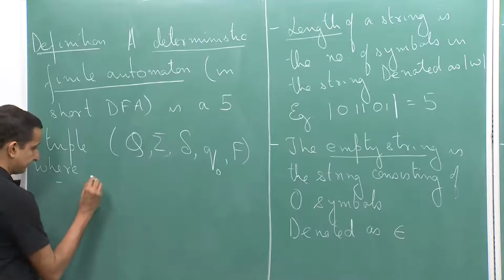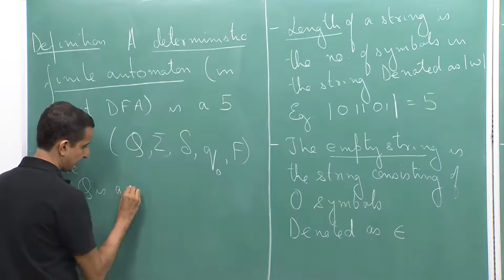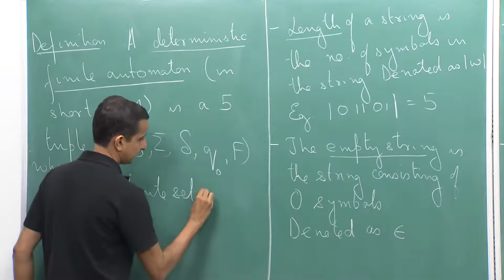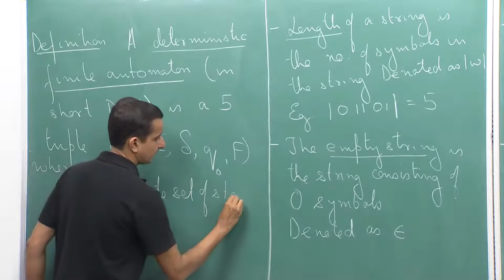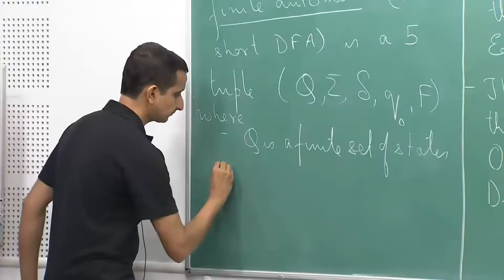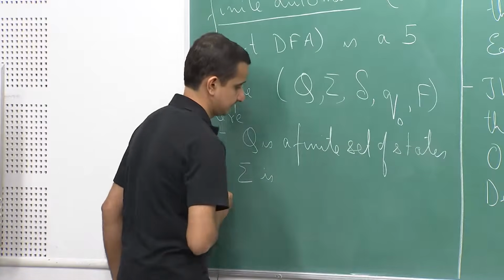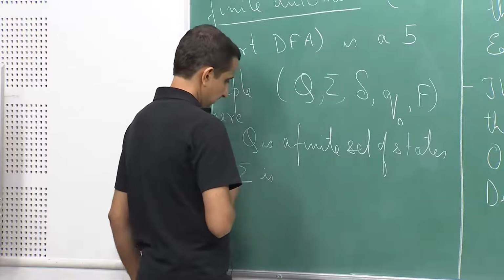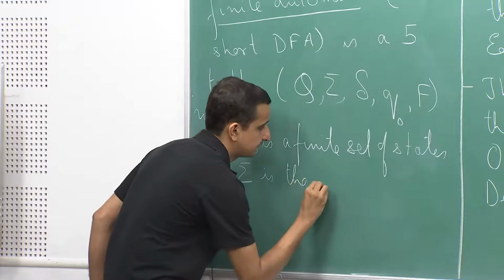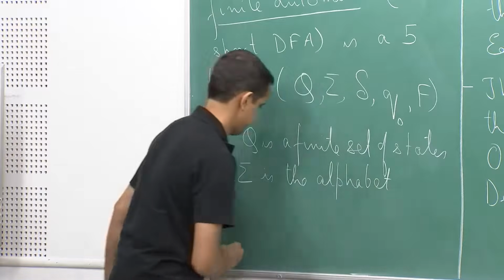Where capital Q is a finite set of states, sigma is the alphabet.